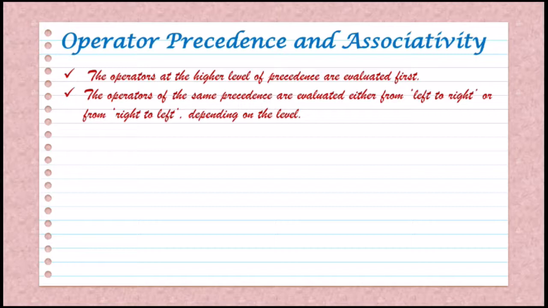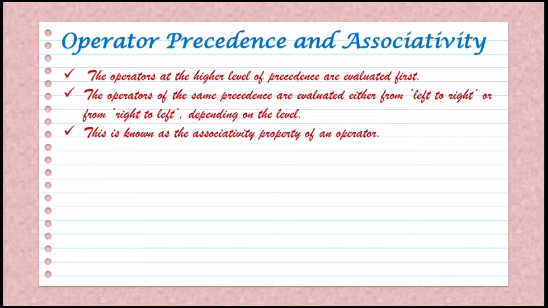The operators of the same precedence are evaluated either from left to right or from right to left depending on the level. This is known as the associativity property of an operator.